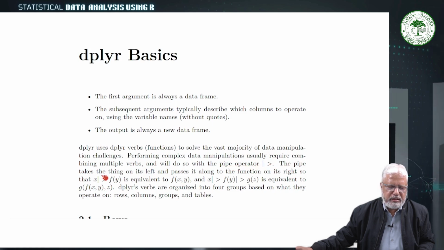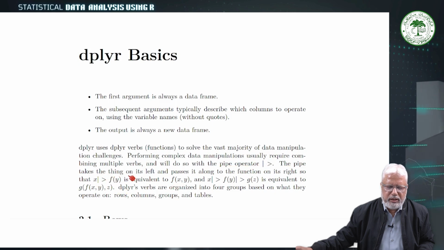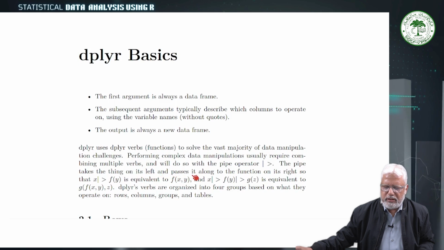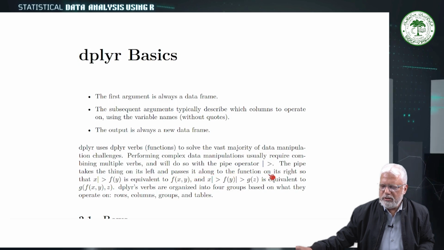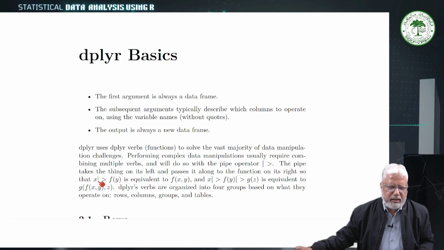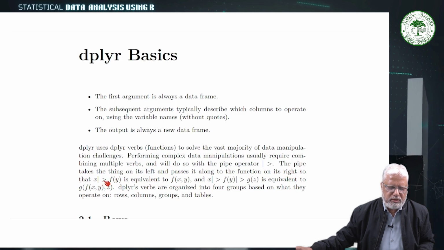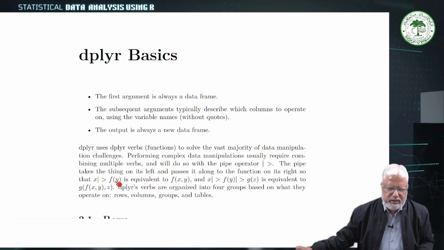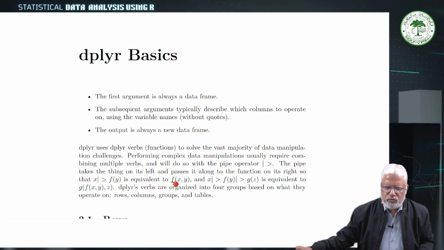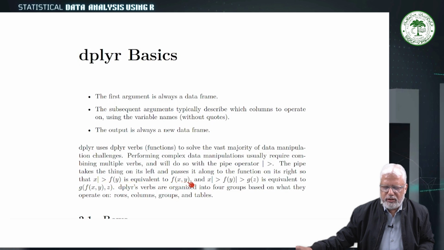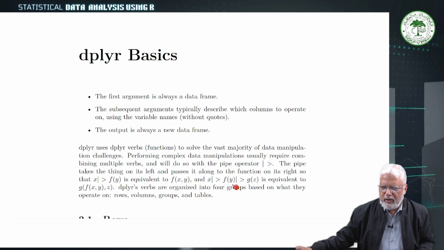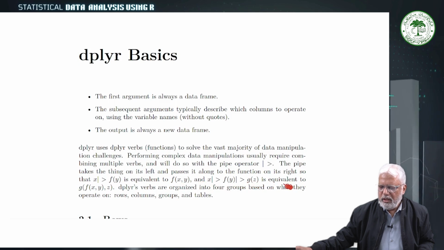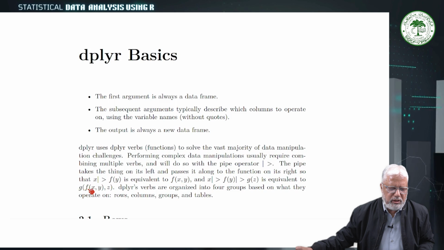The pipe operator takes the thing on its left and passes it along to the function on the right, so that x, then the pipe operator, which is a vertical bar and greater than sign, f(y) is equivalent to f(x, y). And x pipe f(y) pipe g(z) is equivalent to g(f(x, y), z).